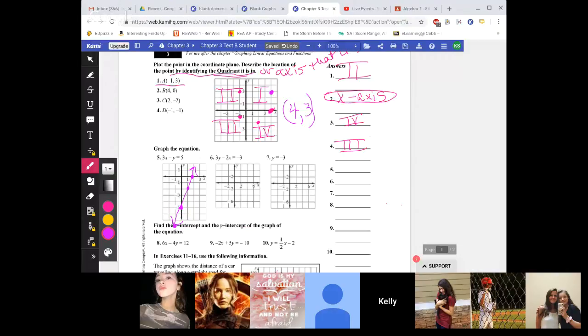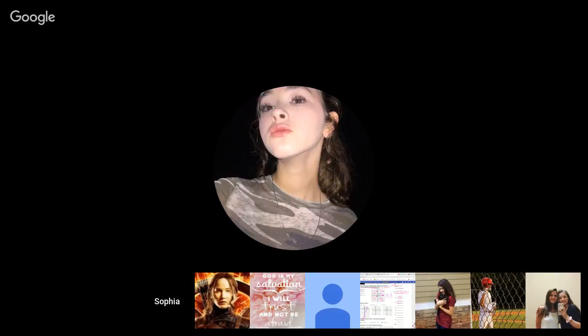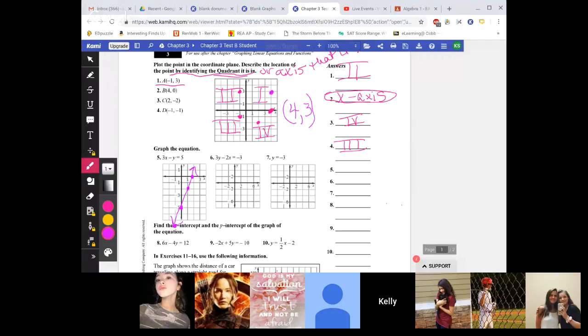I'm sorry, say that again. How would you graph it if it said find the x and y intercept? Like 5/3. Good question. That's going to be 1 and 2/3.